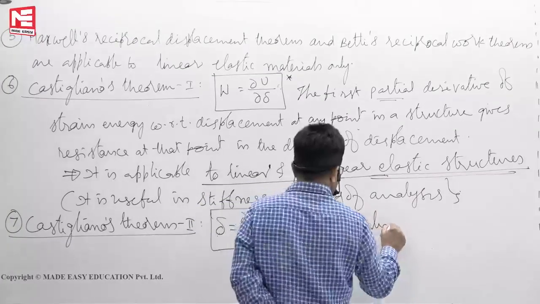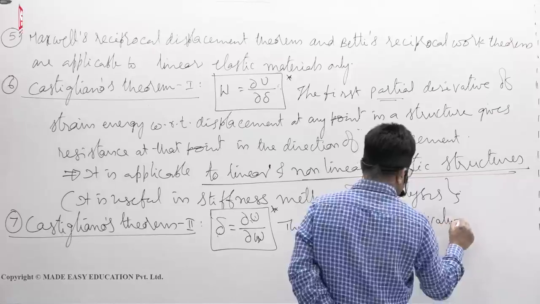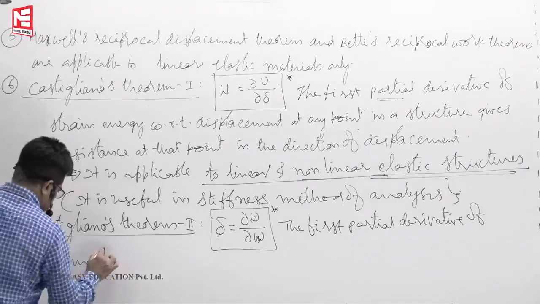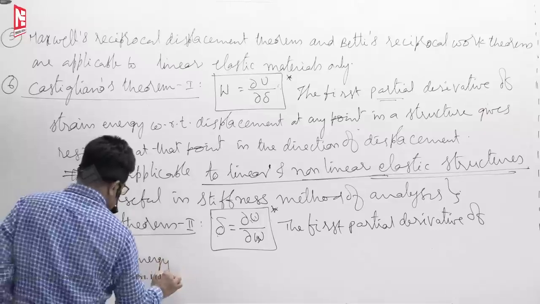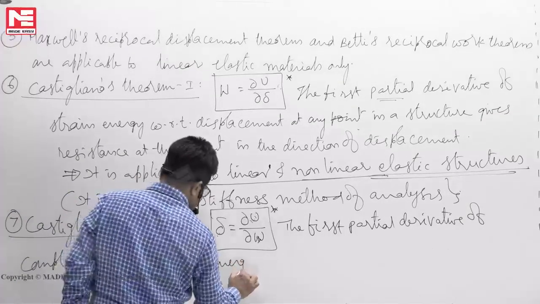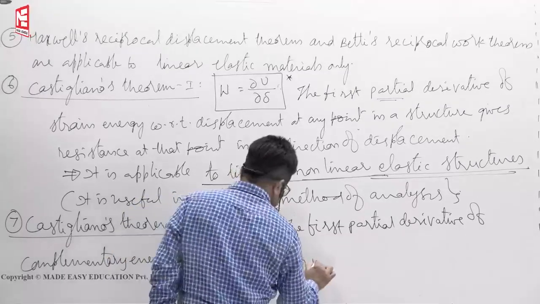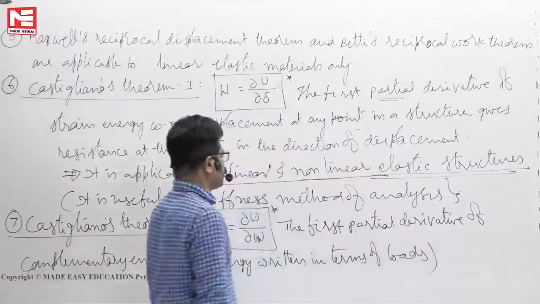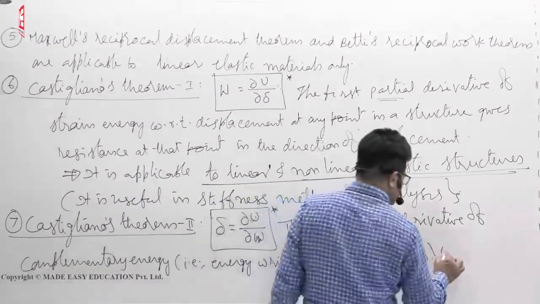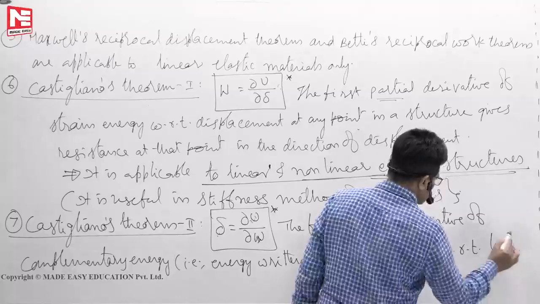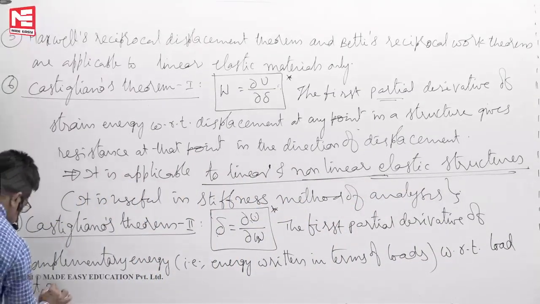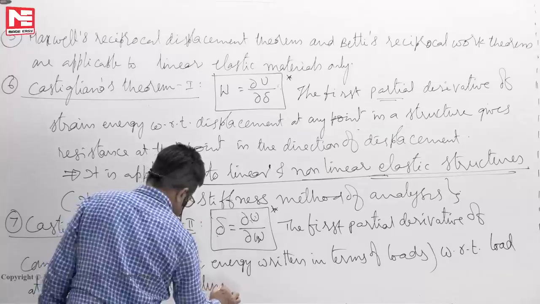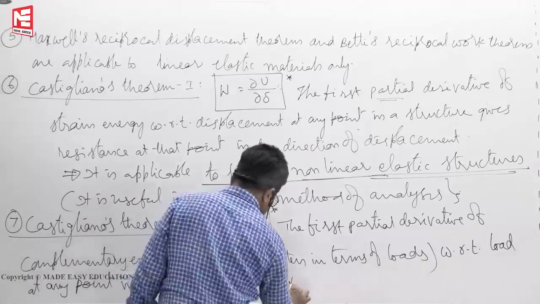The first partial derivative of complementary energy, that is, energy written in terms of loads, the derivative of complementary energy with respect to load at any point in a structure gives displacement.